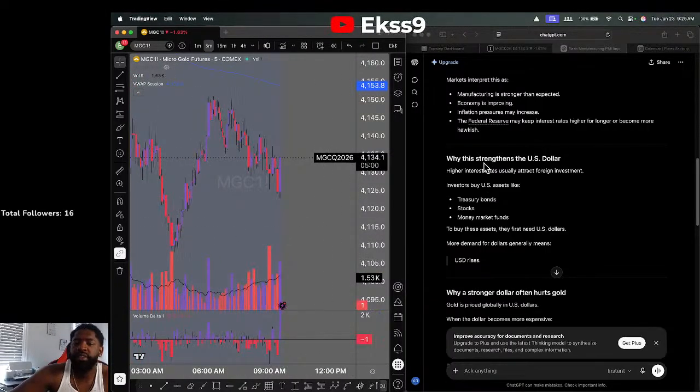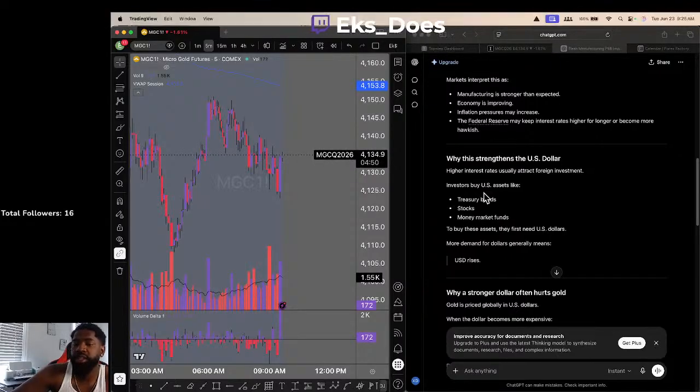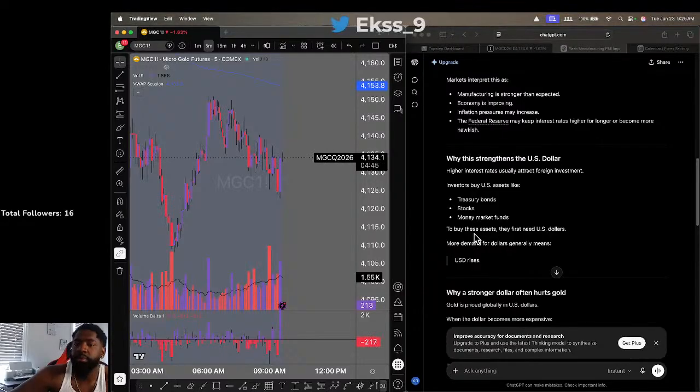So if interest rates get higher, then foreign investors want to buy things like treasury bonds, stocks, and money market funds, because they know that the US dollar is rising. But to buy these assets, they need to convert the money they do have, because they're not from the US, into US dollars. So more demand for US currency would mean that the US dollar is rising.